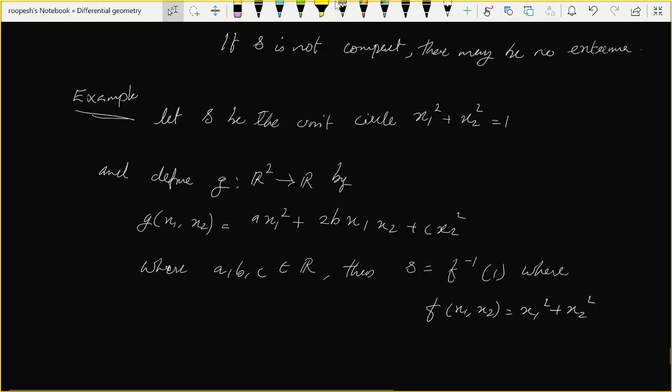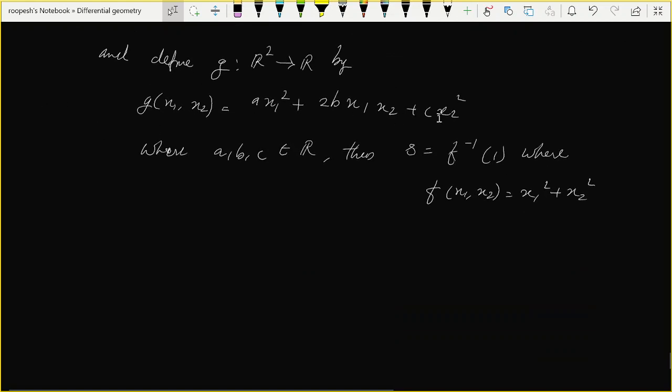So we have defined the surface and a function g.